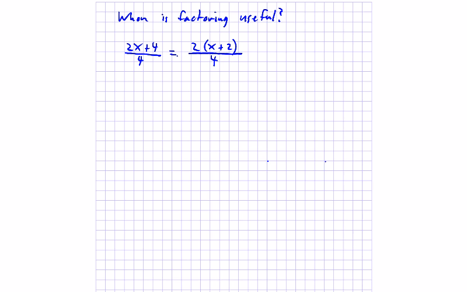Now when you look at both expressions, the one on the left, it's not very obvious how you could simplify it. But if you look at the one on the right, you realize that you have a factor of 2 in the numerator and 2 factors of 2 in the denominator, so you could reduce by dividing both numerator and denominator by 2, and end up with (x + 2) over 2, which is clearly simpler than (2x + 4) divided by 4.